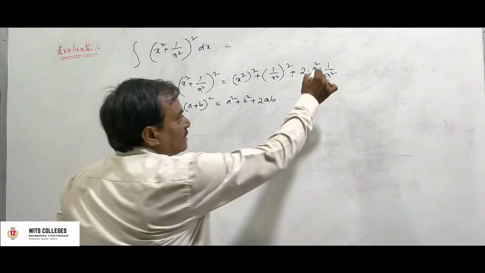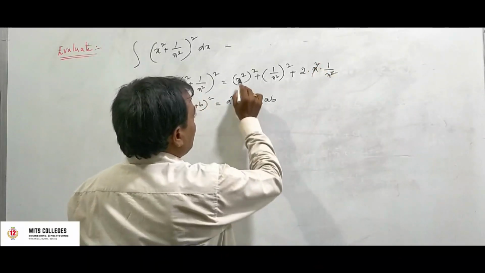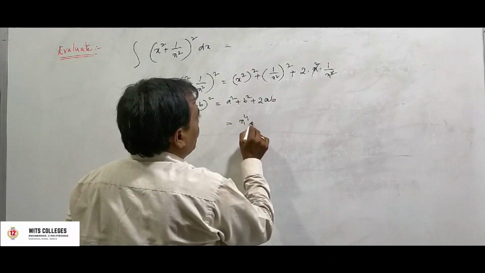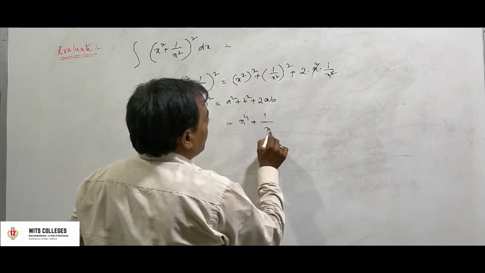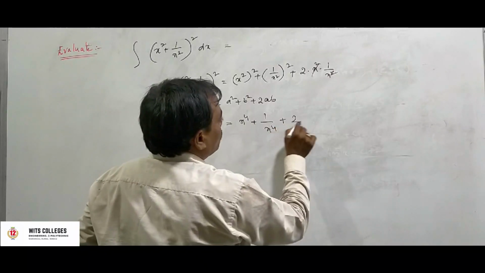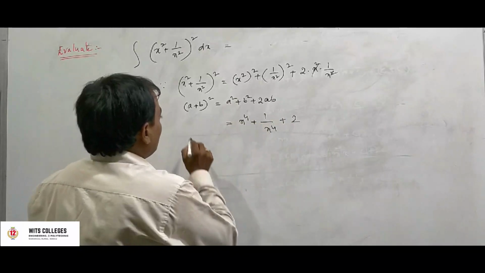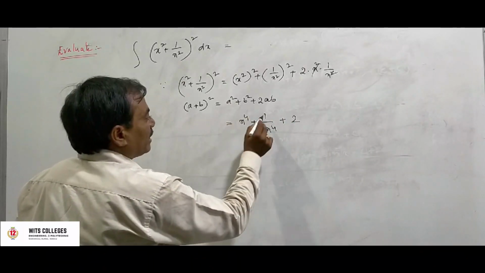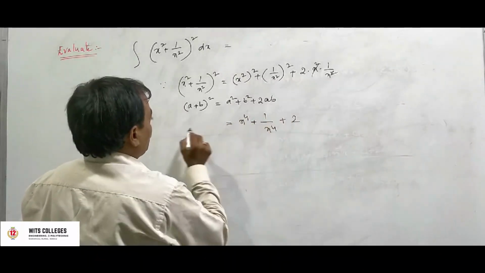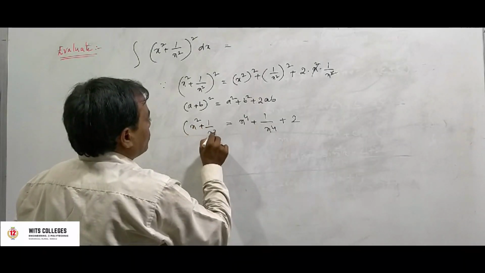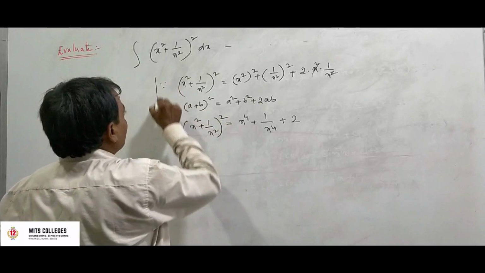Here the x square cancels, and this value becomes x to the power of 4 plus 1 by x to the power of 4 plus 2. So this is (x square plus 1 by x square) whole square.